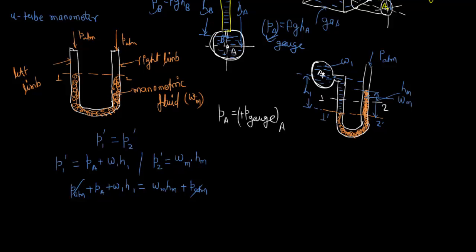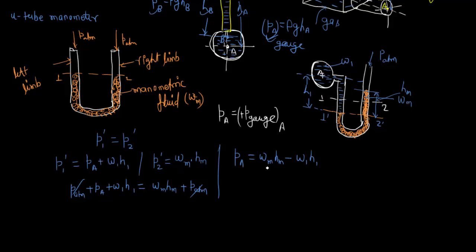Now our unknown pressure at the point A, that is PA, we can calculate, and we can write that PA will be equal to WM HM minus W1 H1.